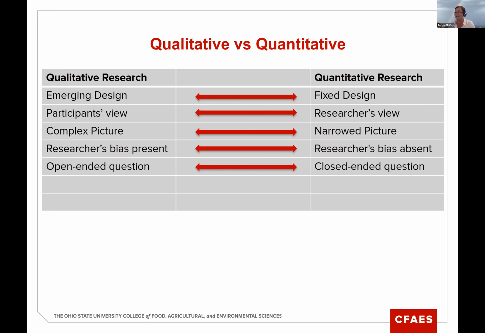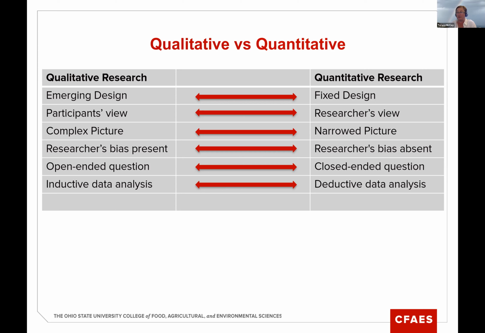With qualitative research, we're using open-ended questions where we are eliciting those voices, versus quantitative, where we're using more closed-ended questions predominantly. However, you can have open-ended questions there as well. And then our last two points.